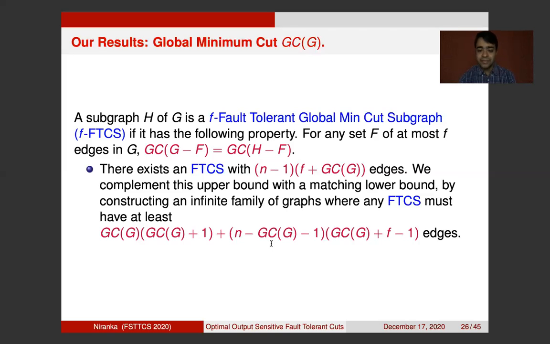So for example, if GC(G) is something like n minus 1 or n minus 2, or any order n, then the first value in the lower bound term will dominate, and we'll have an omega n squared lower bound, which again agrees with an order n squared upper bound. But if GC(G) is little o of n, then asymptotically this value becomes (n minus 1) times (GC(G) plus f), which again agrees with whatever upper bound we have. So we see that the bounds are tight.